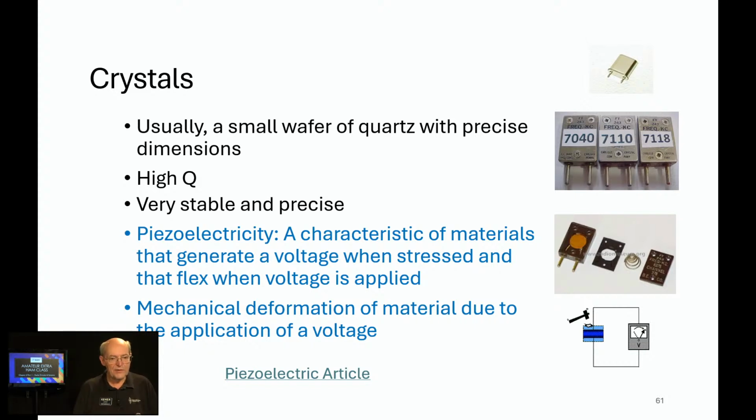You'd pick up a microphone to talk, and the element would be some piezoelectric material. And there were even crystal speakers. So mostly in the older days, these had a lot of applications. But today, you see crystals in virtually any piece of electronics that has a microprocessor in it. And there's an article here if you care to know more.